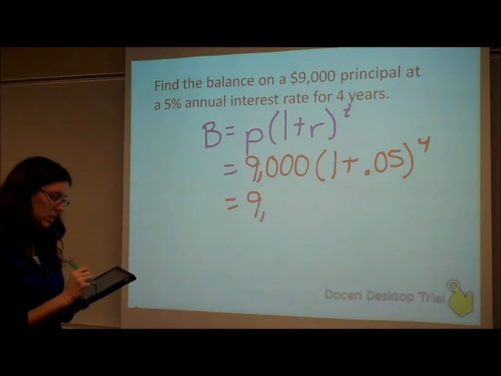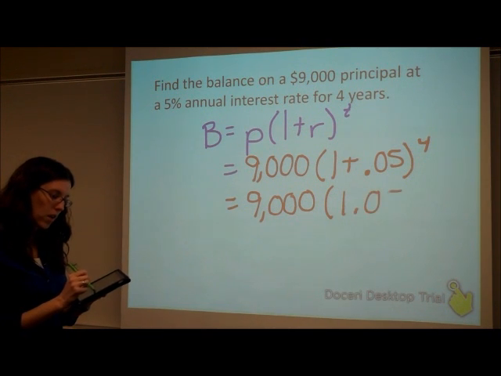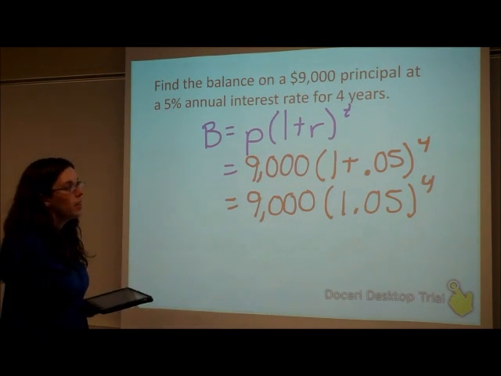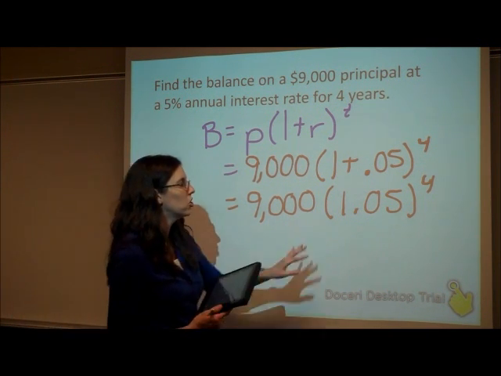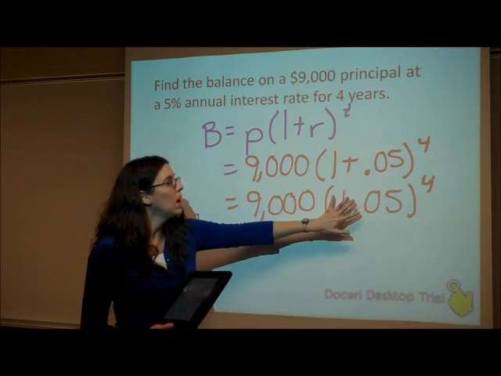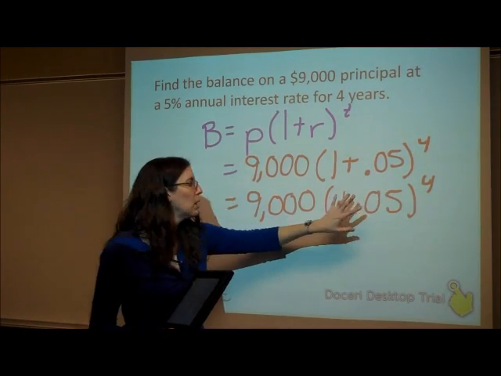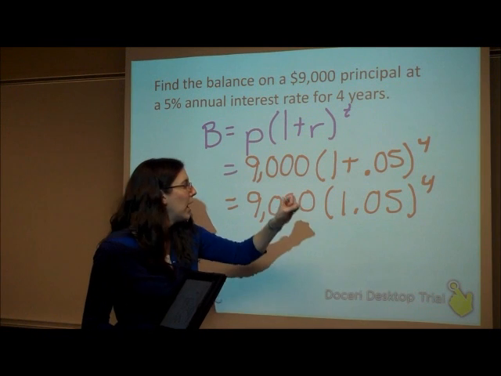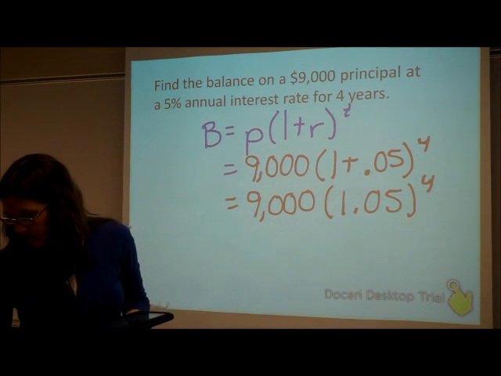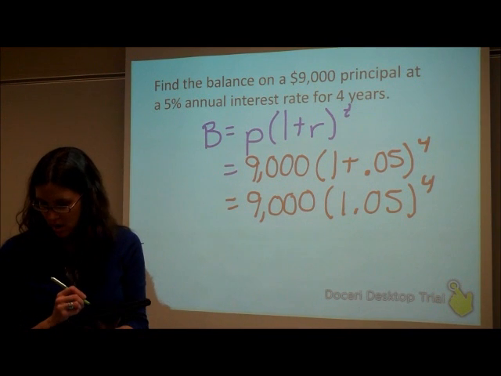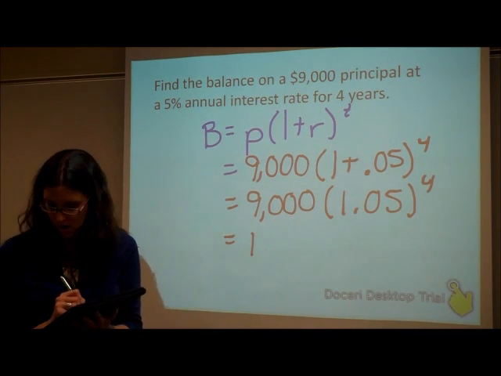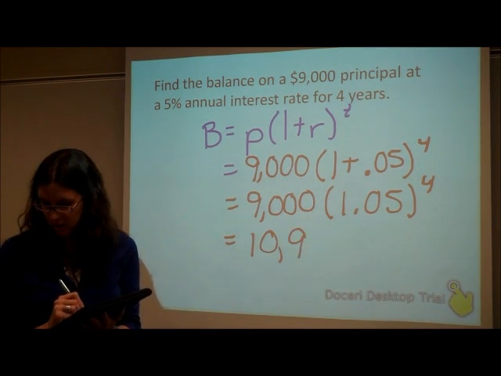So doing my parentheses first, order of operations, it is 1.05. Then I want to take 1.05 to the 4th power. Now, I have this entered in my calculator. I'm not going to clear it out. I'm just going to keep that number and then press times 9,000, and it will use that answer and give me my total balance.